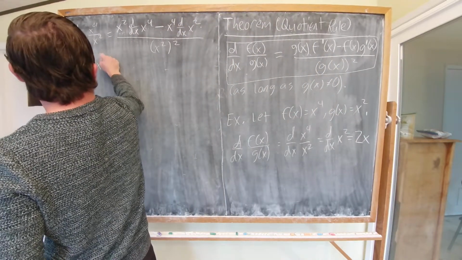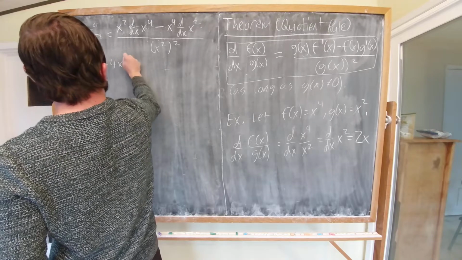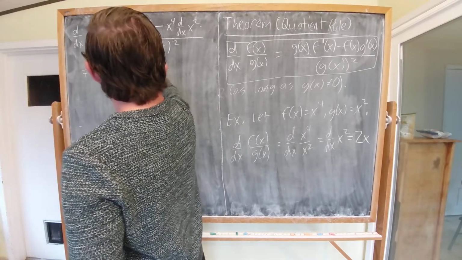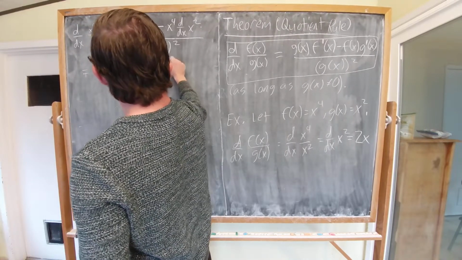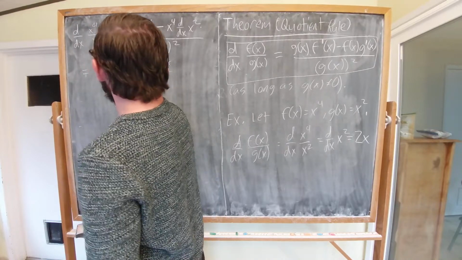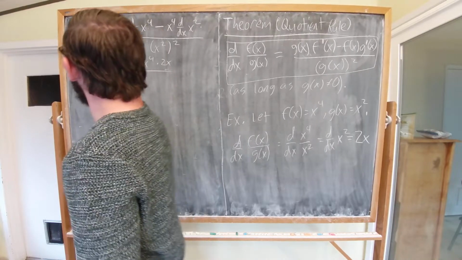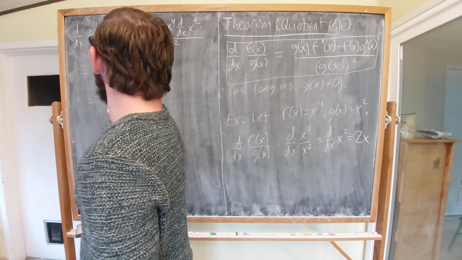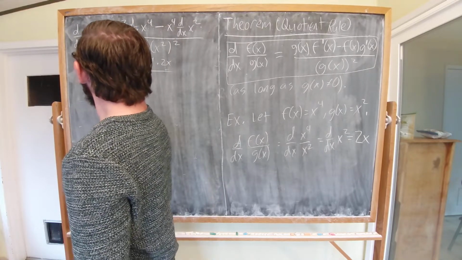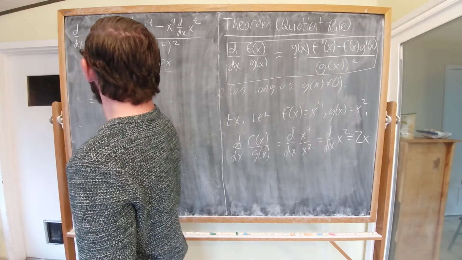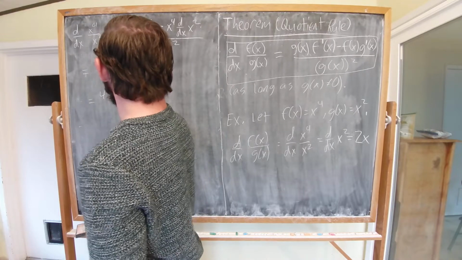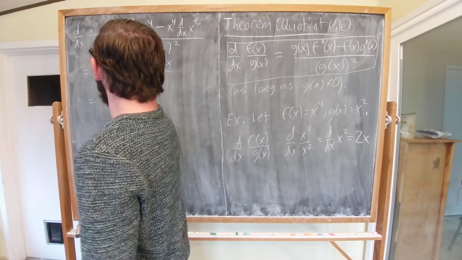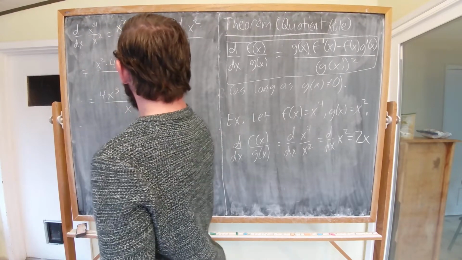This gives us x squared times 4x cubed minus x to the fourth times 2x, all divided by x to the fourth, which is 4x to the fifth minus 2x to the fifth, all over x to the fourth.